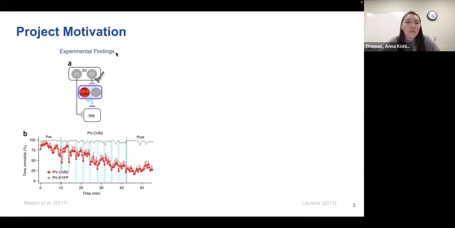So the motivation that got us started with this project was that a paper was published a few years ago by Aaron Giddis and some more people, where a very specific subset of neurons were stimulated. So basically nobody else was affected except for some very specific population within the basal ganglia. So this is striatum, and here that SNR population I talked about earlier.